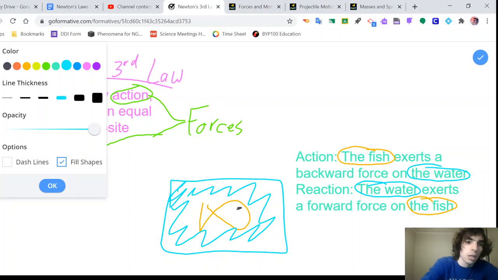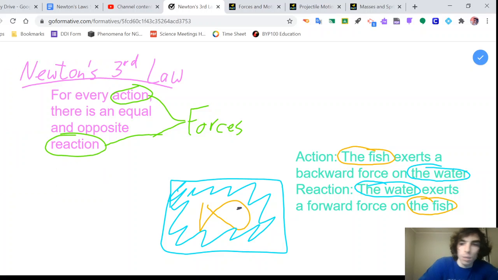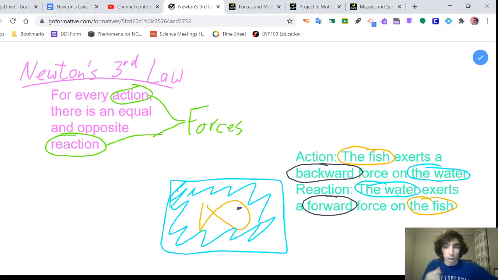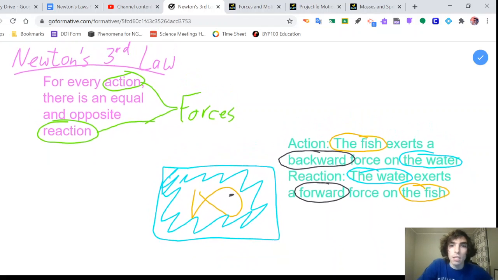The only other thing I want to point out is something that is hopefully clear from Newton's third law. We've switched the directions of those two forces. So if our action force is a backwards force, the reaction is going to need to be a forwards force. This is a universal structure for these action-reaction force pairs.